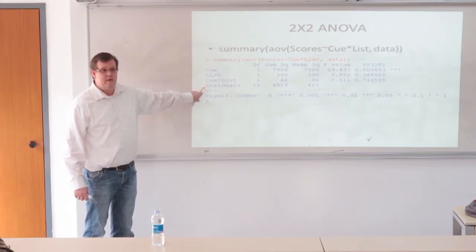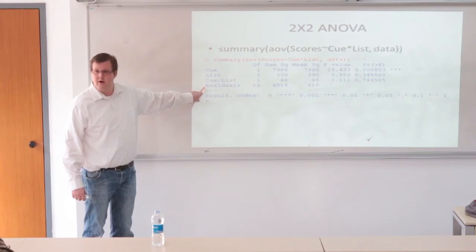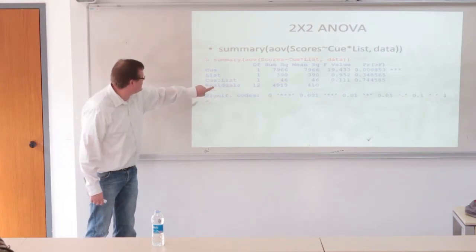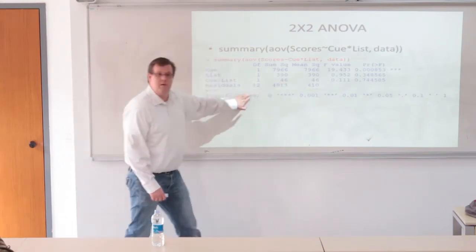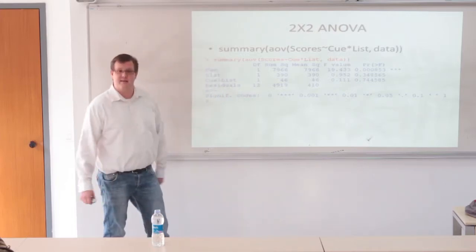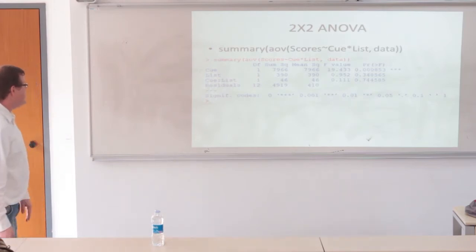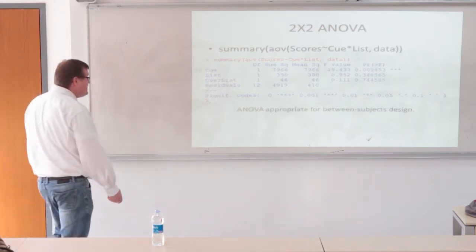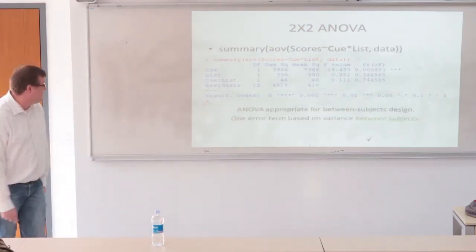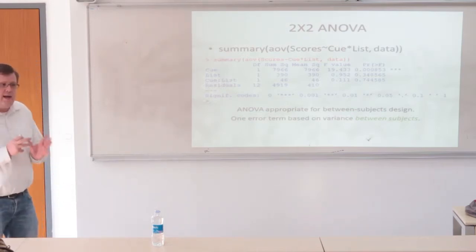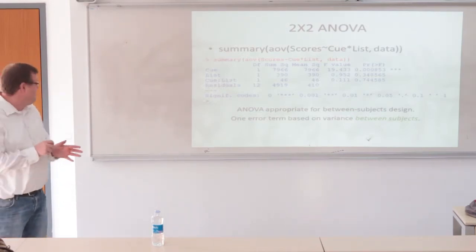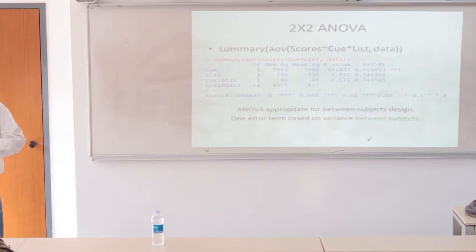One. We have one error term here, right? We use this same error term for each of the tests, right? So, for our 2x2 ANOVA, this is the ANOVA that's appropriate for a between subjects design, and we have one error term. Now this error term is based on variance between subjects.